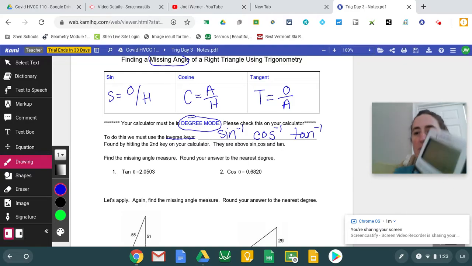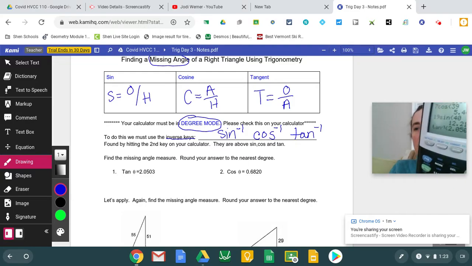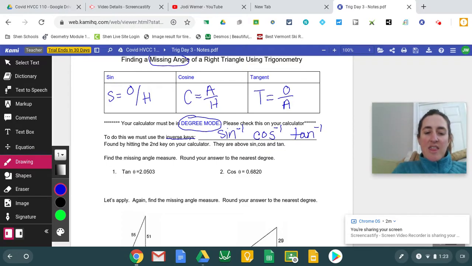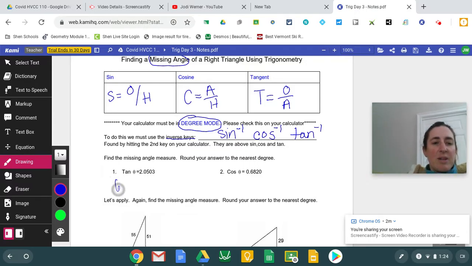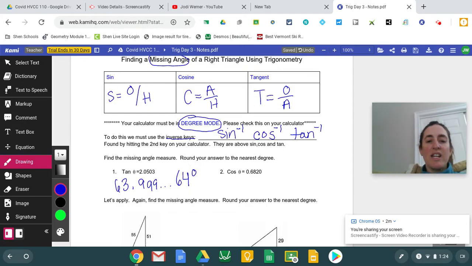Super important that it says tan to the -1. Then hit enter, and it read 63.999 and so on. So rounded to the nearest degree, it's 64 degrees.